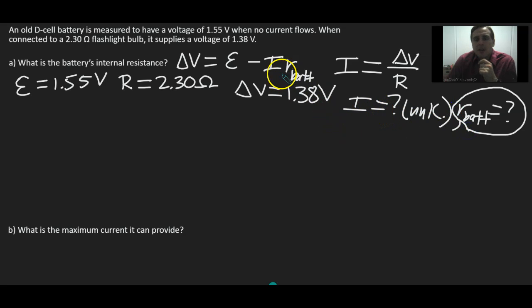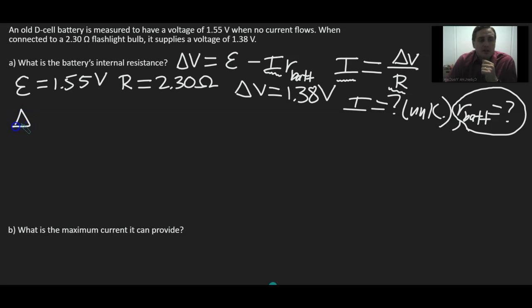So here's what I'm thinking. Given that delta V is what's available to the load resistor, and given that I we don't know and we're also not asked about, I believe that this current in the circuit equation should be substituted in for this I. And we should be able to solve for the resistance of the battery.